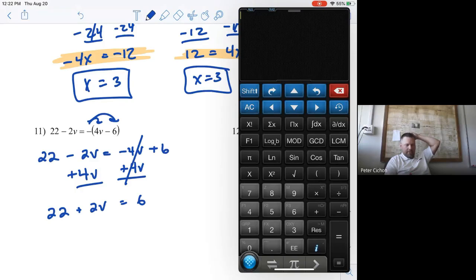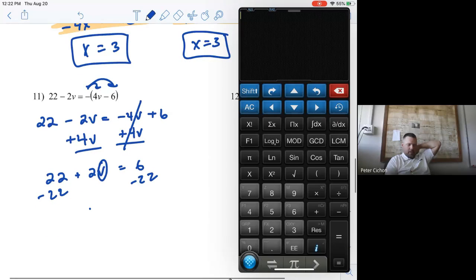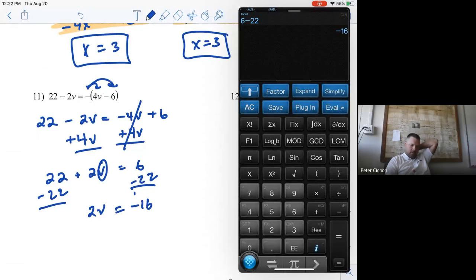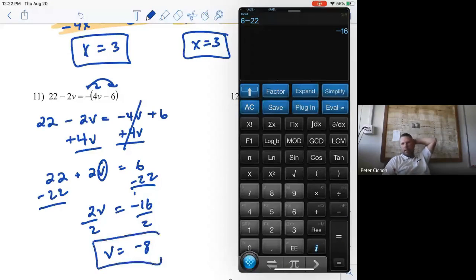I got to get the v by itself, so I'm going to subtract 22. 2v equals 6 minus 22, negative 16. Divide that by 2. V equals negative 8.